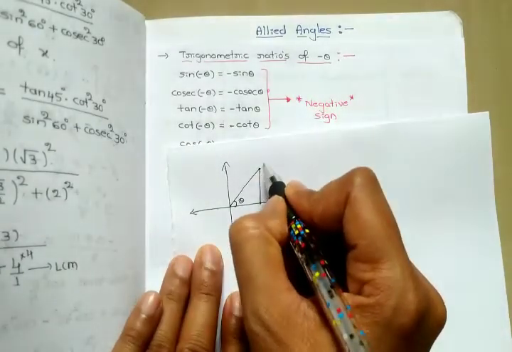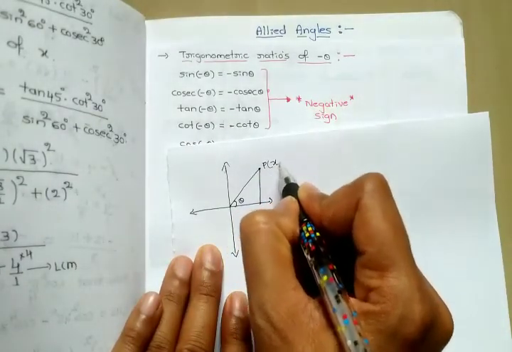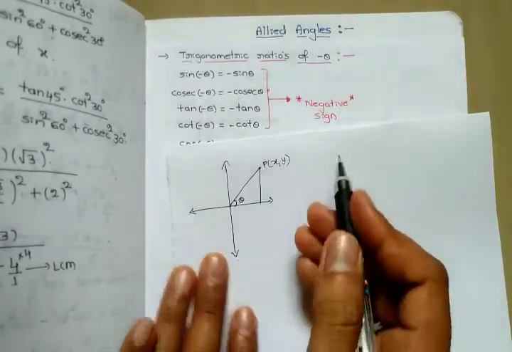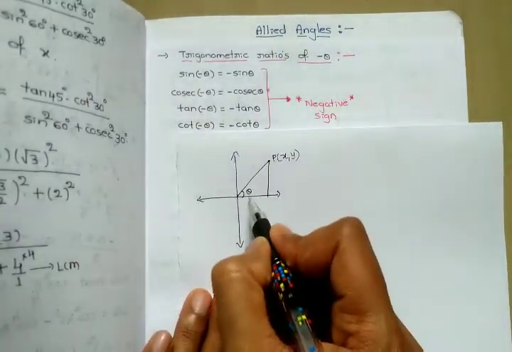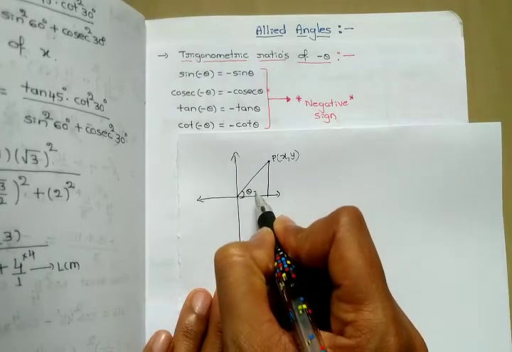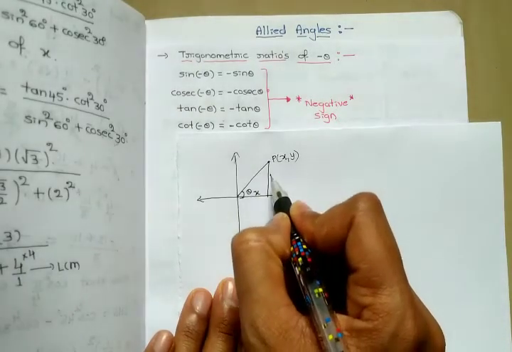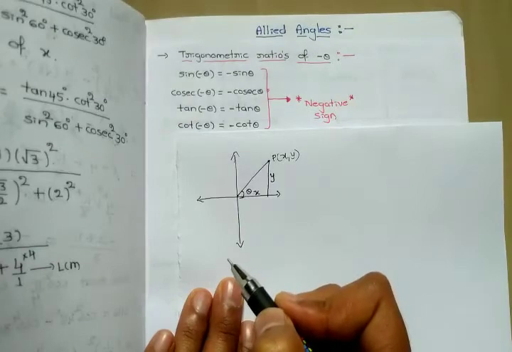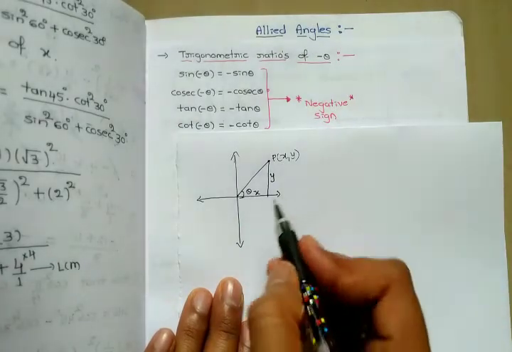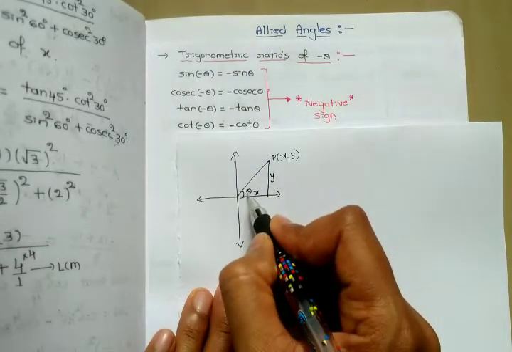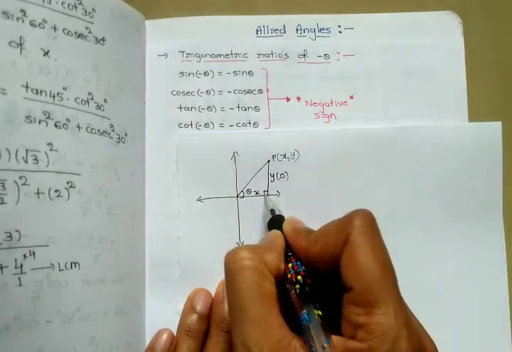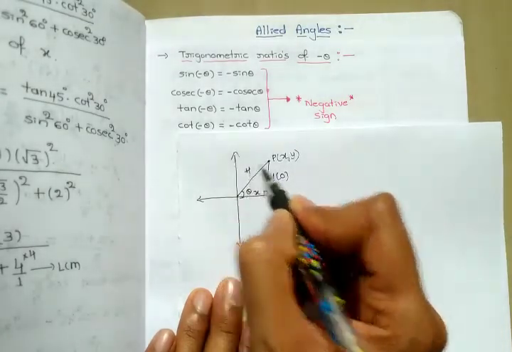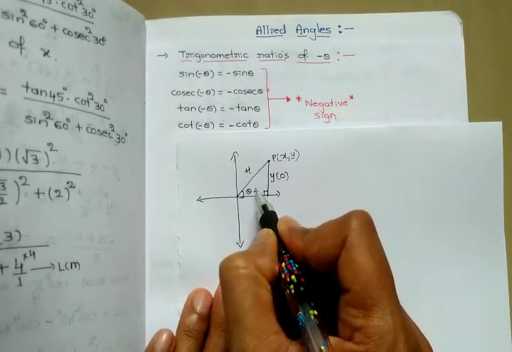This point I am going to call P, in bracket x comma y. So both are positive in the first quadrant. So that time this x-axis distance becomes x, and the y-axis value goes to y. Okay, so next, if it is theta, this is the opposite side. This is the 90 degree, means this is the hypotenuse side, and the remaining side is what here?